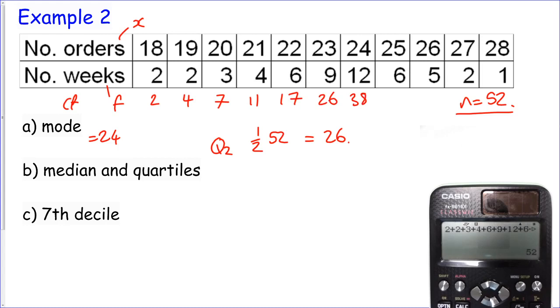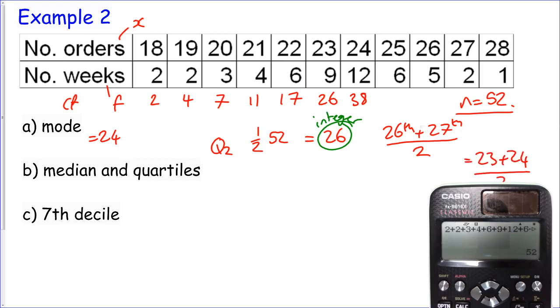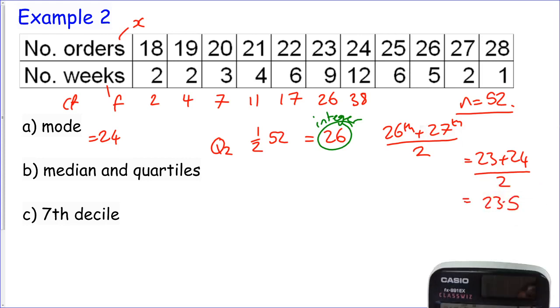So thing number 26 means we should be looking at the 26th plus 27th over 2, because this is an integer. So we use the rule for integers. When we pick the 26th thing, that's a 23, but the 27th is actually in the next class, it's a 24. So this is 23 plus 24 all over 2, which gives us 23.5. Just going to move the calculator so it doesn't get in the way.